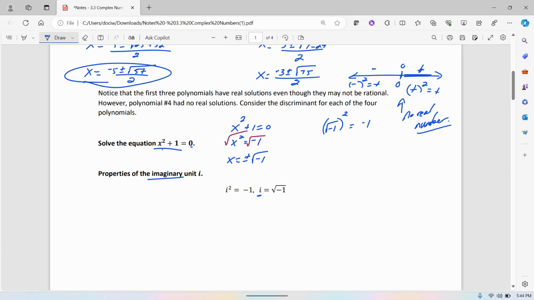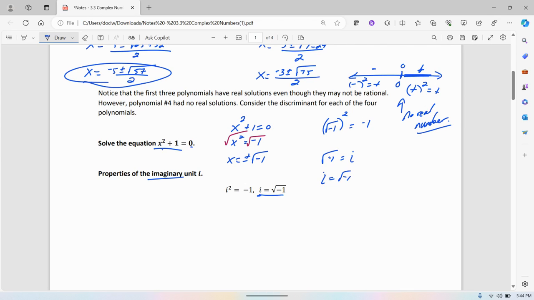That number, we call it i. i is not a number. Let's be honest here. Let's be upfront. i is not a number. i is a letter. It's the first letter of the word imaginary, which is why we use i. So we say that the square root of -1 equals i, or i equals the square root of -1.